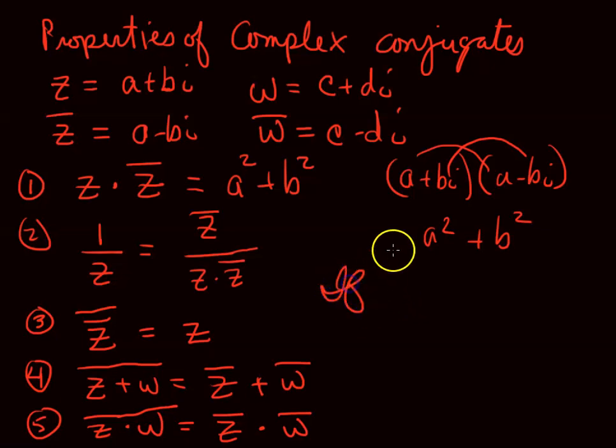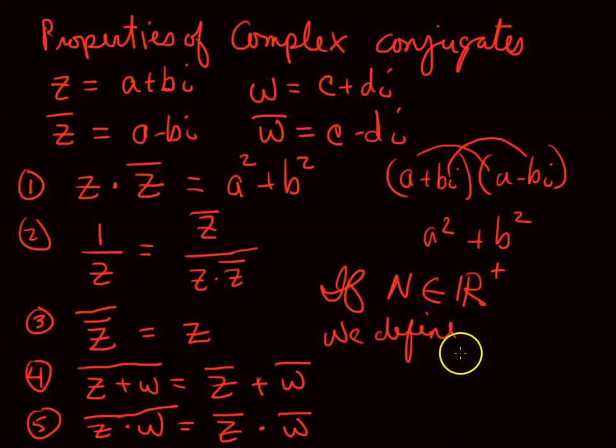So, how do you work with these square roots of negatives? You pull your i out. If this capital N is an element of the positive reals, that's 1, 2, 3, 4 to infinity, we define the square root of the opposite of n, remember n is now positive, as the square root of n times i.